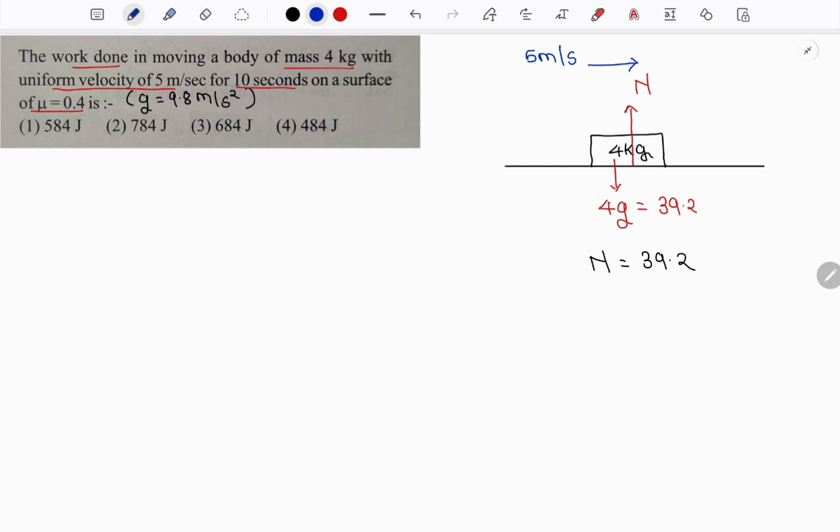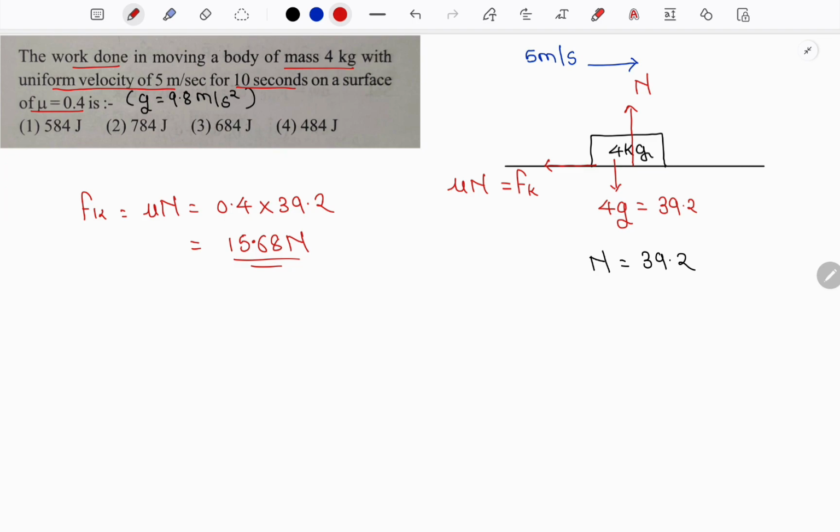Now obviously the surface is rough, therefore there will be friction, and since the body is moving there will be kinetic friction, and since the body is moving towards right, the kinetic friction will be towards left, and that kinetic friction is nothing but mu N. We have been given the value of mu, so kinetic friction I'll calculate over here, mu N, which is 0.4 into 39.2, and if we do the calculations, it comes out to be 15.68 newtons.